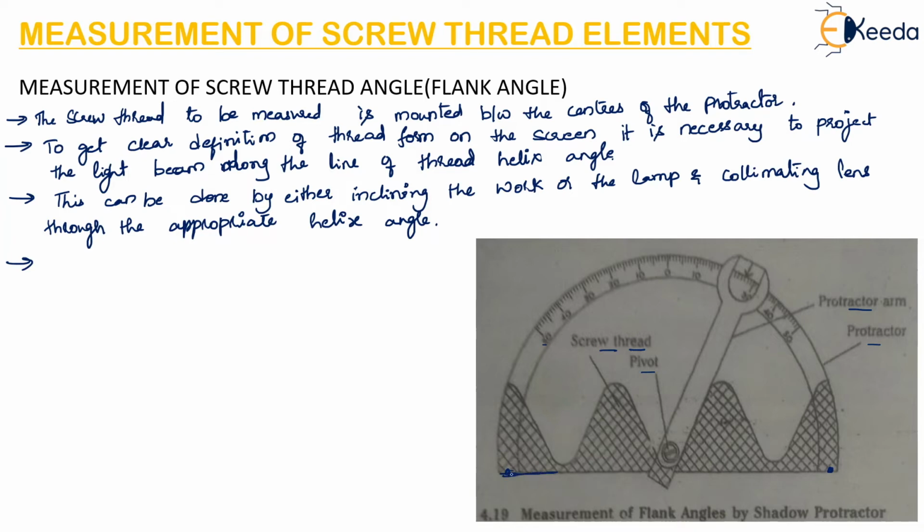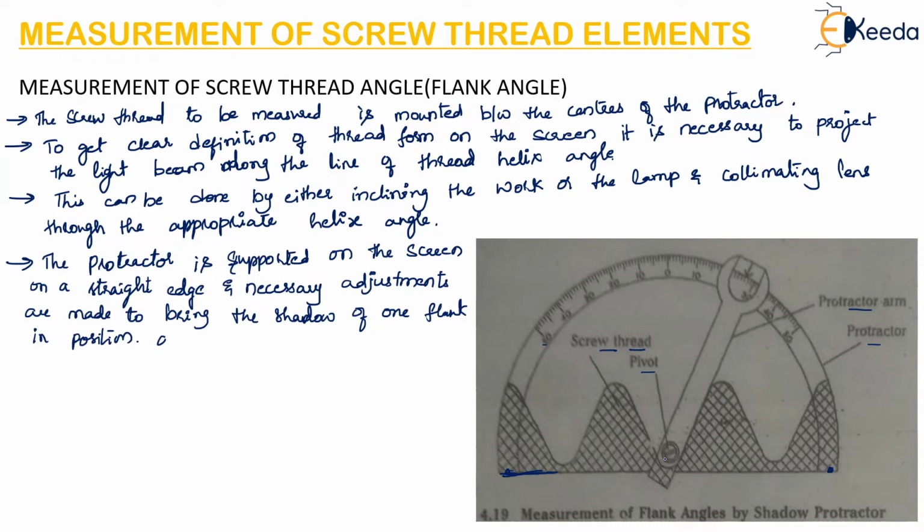It must not be inclined, but must have a straight edge, and the necessary arrangements are made to bring the shadow of one flank into position along the protractor.